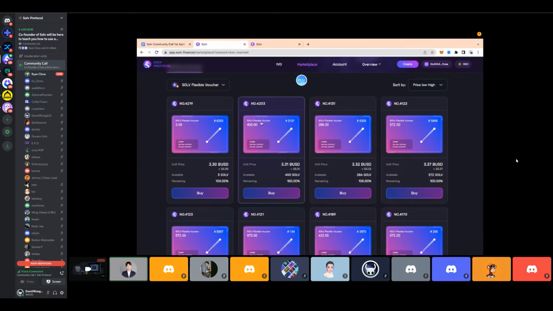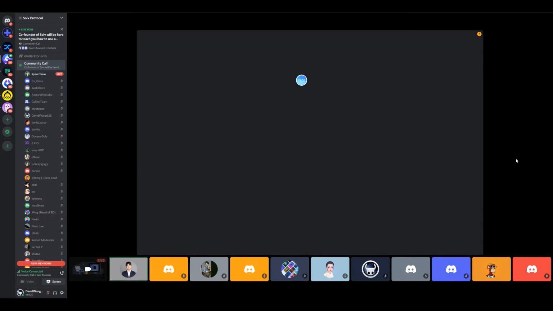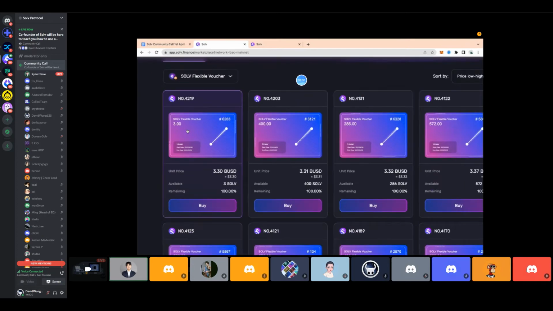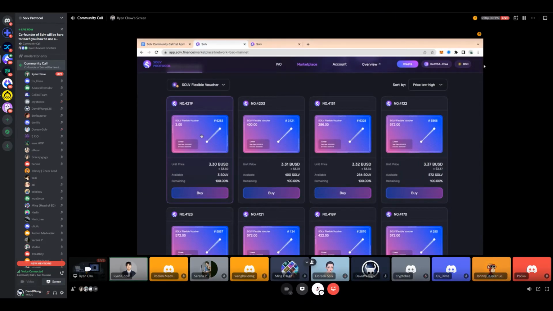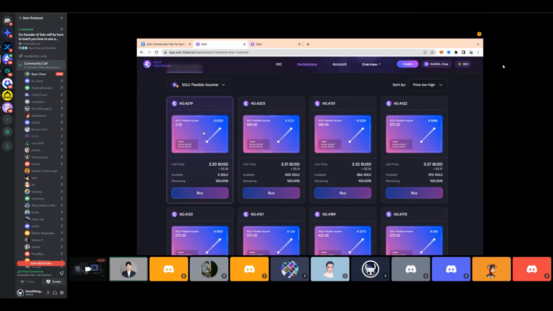And one thing that I need to mention is that actually the Solv vesting voucher represents Solv lock tokens. So when you got this NFT, it means that you got the Solv allocation. So you can just claim the tokens from this NFT at maturity.